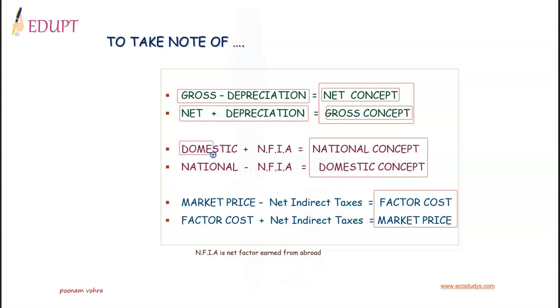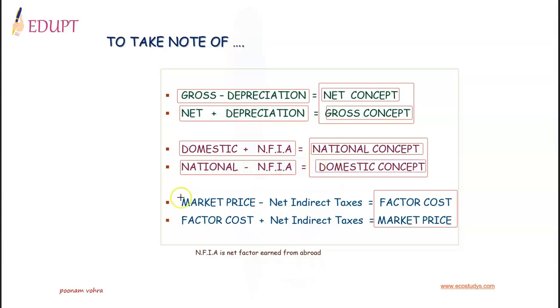Further, if domestic concept is known to you and net factor income earned from abroad is given, you need to add net factor income earned from abroad to domestic in order to find national concept. Accordingly, to find domestic concept, you need to deduct net factor income earned from abroad from national concept.